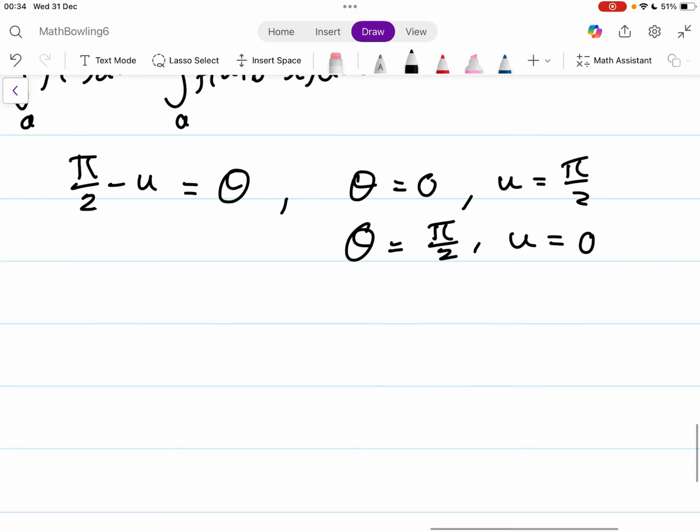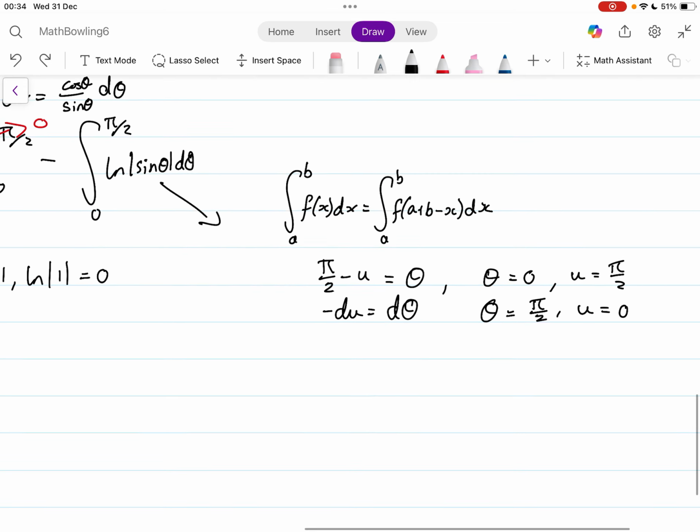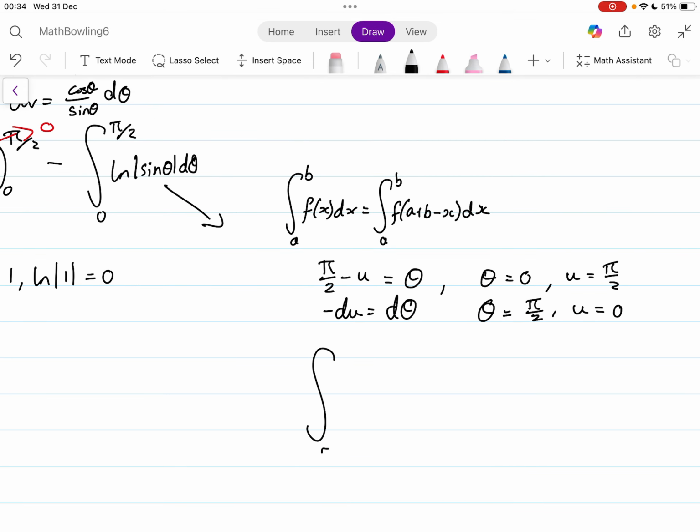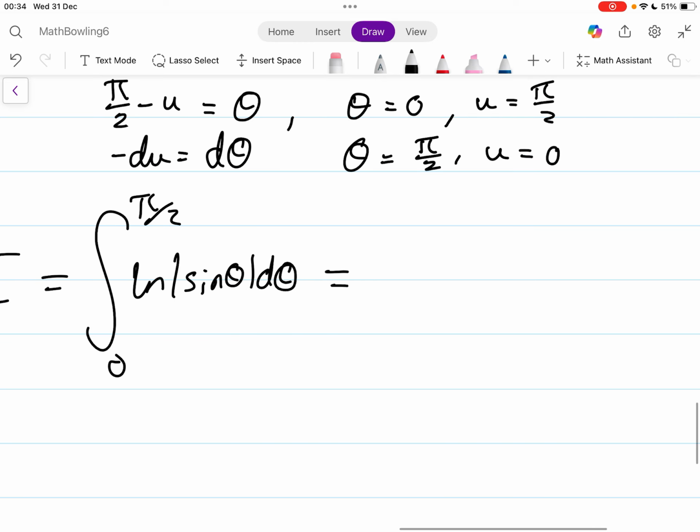So our bounds are going to flip, but because of that negative in the differential, it flips them back. So that means that this integral here, the integral of ln of sine theta, let me label this as I, is the same as the integral from 0 to pi over 2 of ln of cos theta.